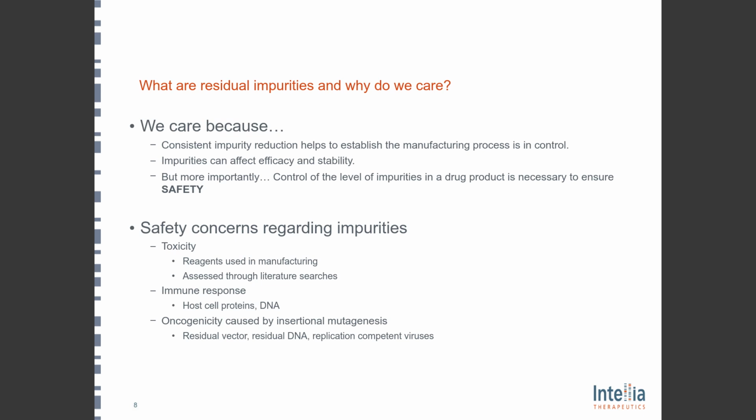As I mentioned before, host cell proteins and also DNA can cause immune responses. And finally, oncogenicity caused by insertional mutagenesis is always a big concern to the regulatory agencies and, of course, to us. Residual vector is a concern in this regard, residual DNA, residual competent viruses, should you have those in your product as well.